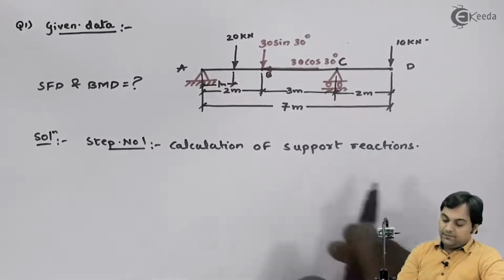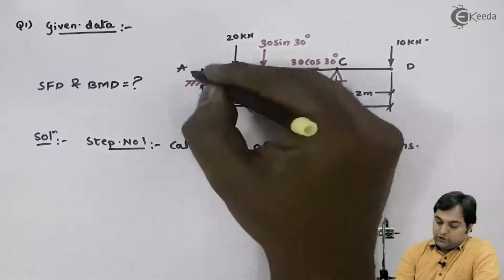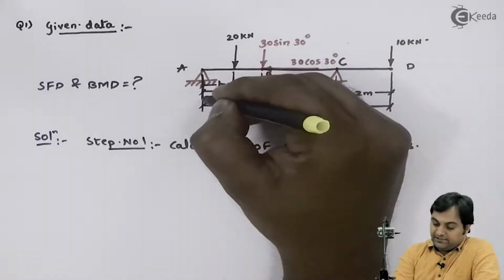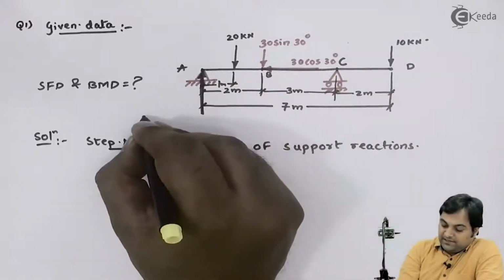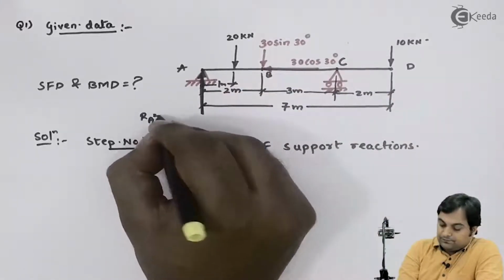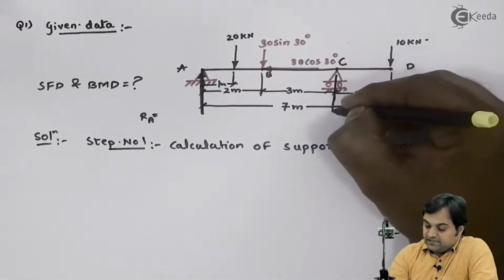As we can see, the beam is supported at A and C. So at A there will be vertical reaction. I will call this reaction RA. At C there will be vertical reaction. I will call it RC.